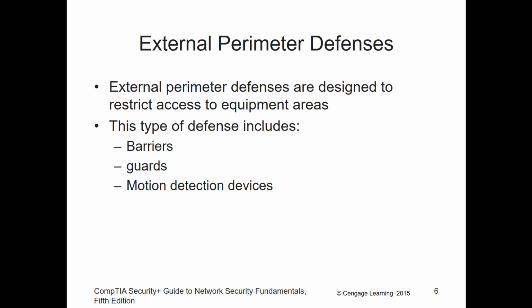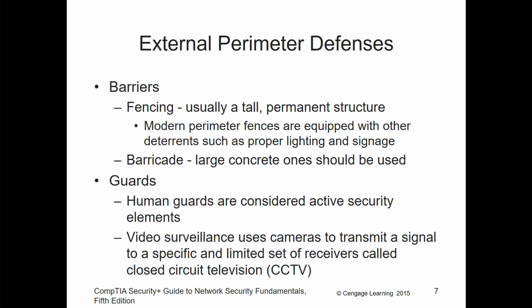For perimeter defense, we typically have an exterior. If we're looking at physical, maybe like a building, the types of defenses could include, but are not limited to, things like barriers, gates, fences, guards, motion detection devices, alarms, cameras, and so forth. Though barriers, guards, and motion are the big ones we're going to be talking about.